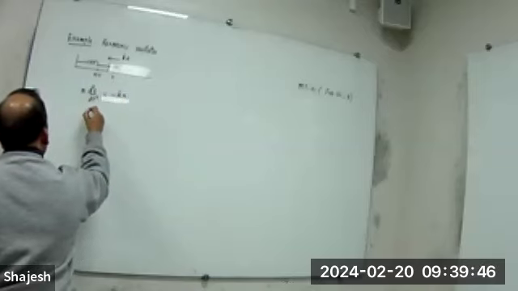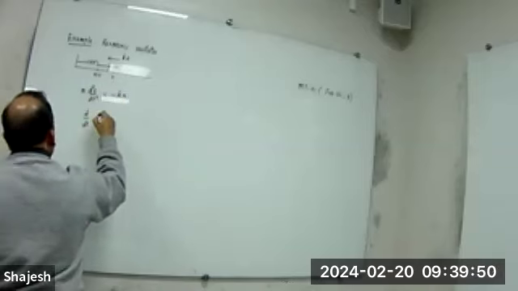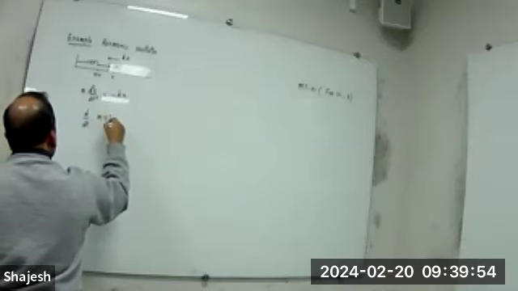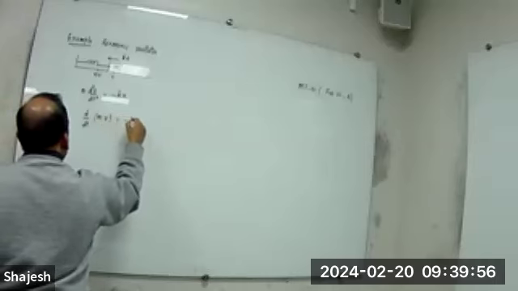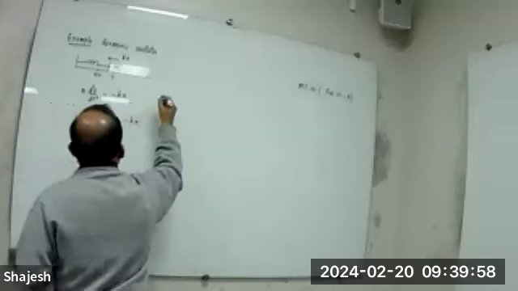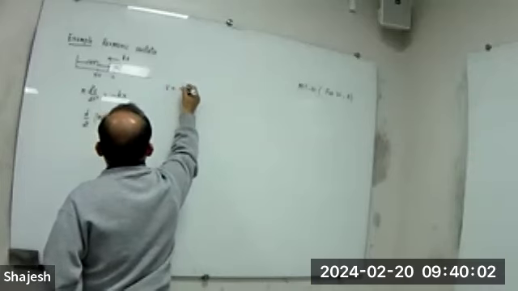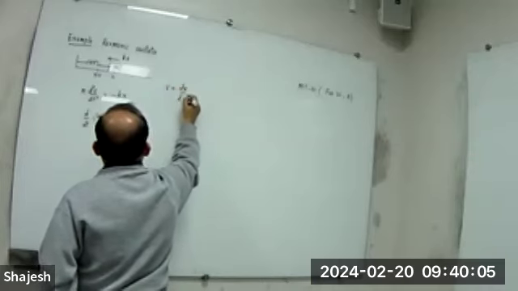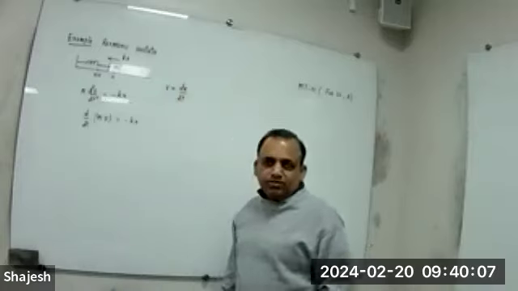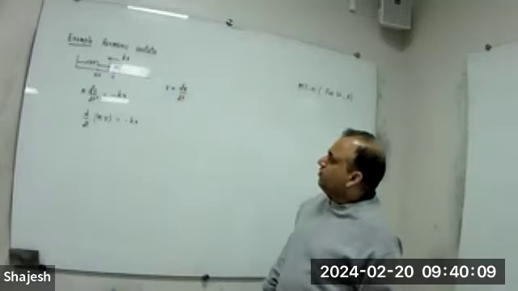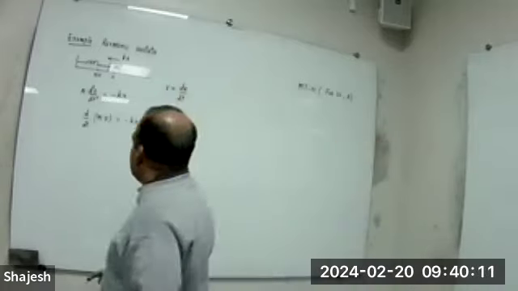Write this equation in the form d by dt of mass times velocity, and that's equal to minus kx. Here v is a short form for dx by dt, x is the free variable.